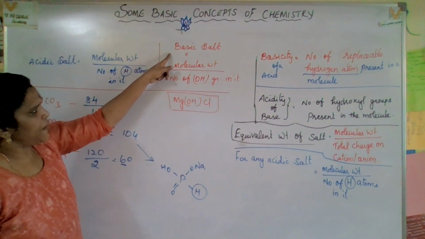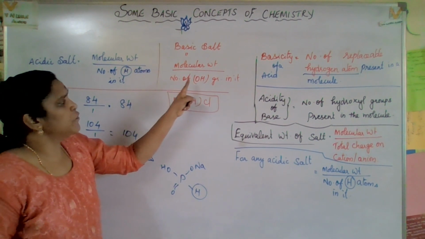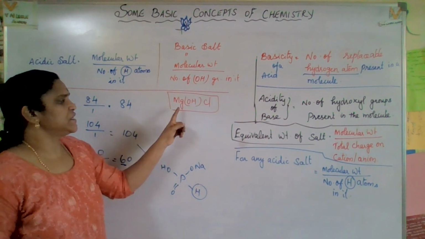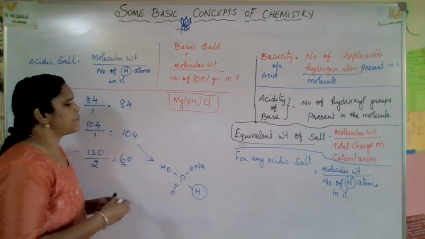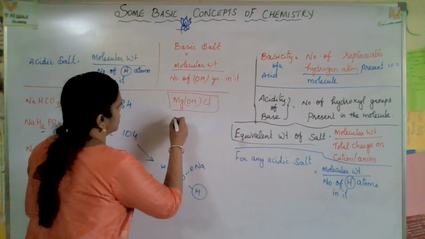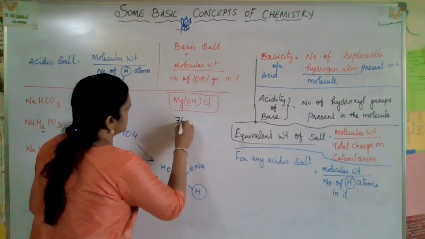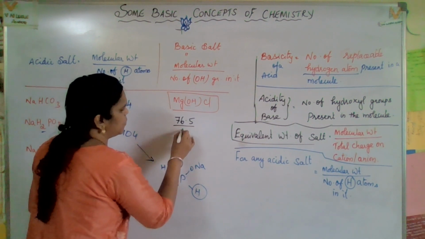Now let us check basic salt. Basic salt is equal to molecular weight divided by the number of OH groups present in it. So here the basic salt MgOHCl. What is the molecular weight of this salt? It is actually 76.5. How many OH groups are available? 1.